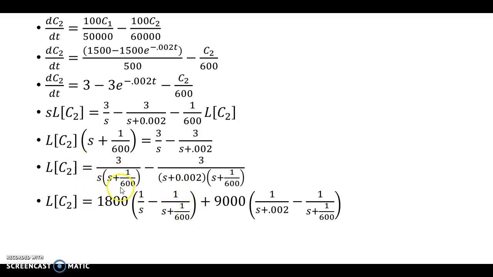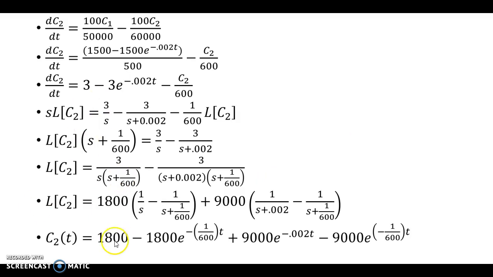That's the decomposition, plus 9,000. So that comes from the fact that if I take the difference between, I'm kind of mixing fractions and decimals here, 1/600 minus 0.002, 1 divided by that multiplied by 3 gives me 9,000, times 1 over the first factor minus 1 over the second factor.